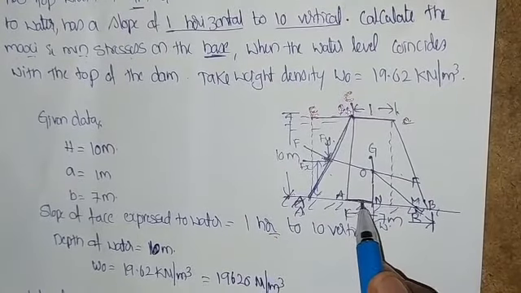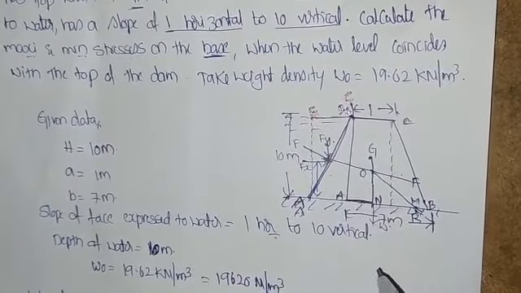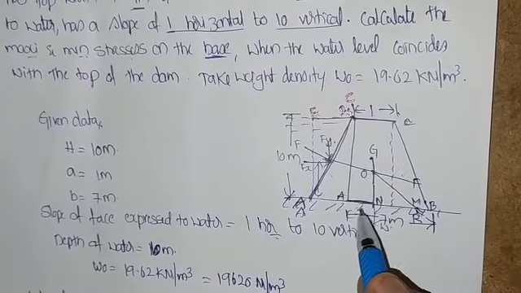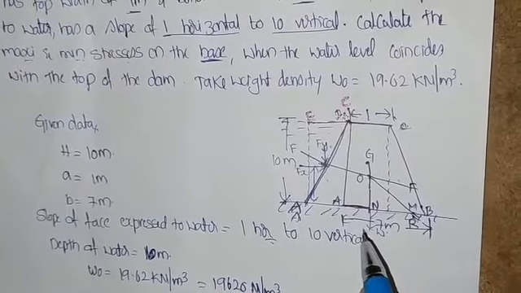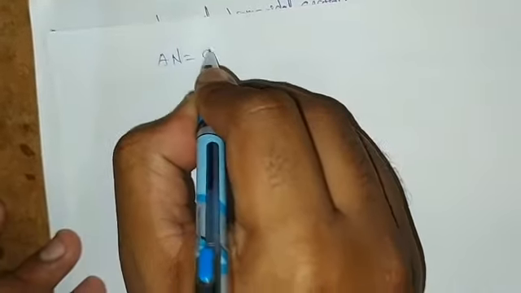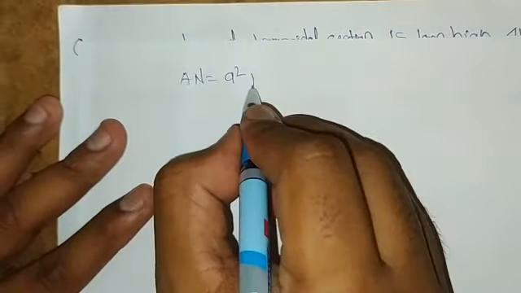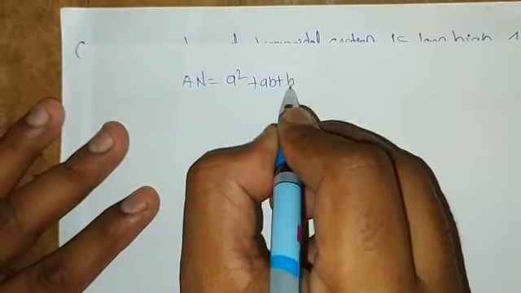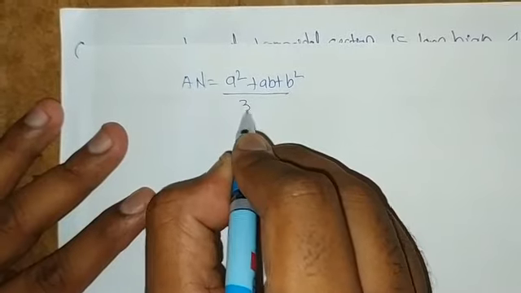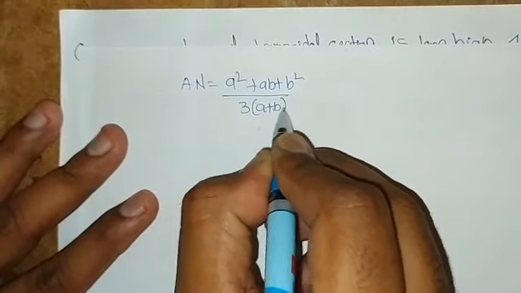To find out this distance, we have to calculate the distance AN. With respect to AN, we can find out the value of NM. So first we will find out the value of AN. AN is equal to (A square plus AB plus B square) by 3 of (A plus B).